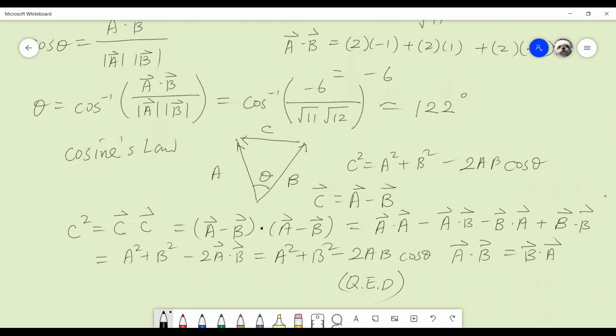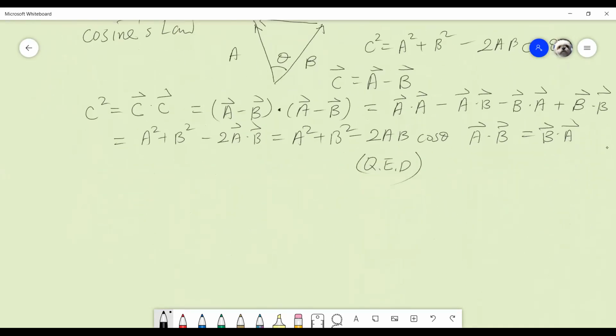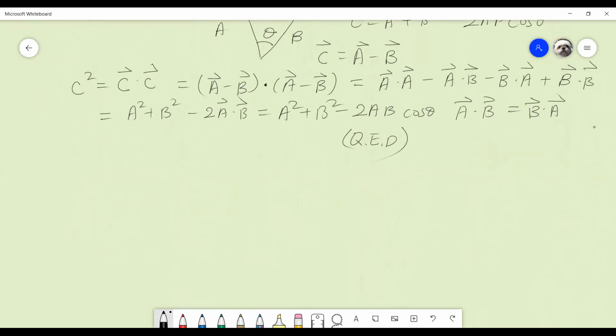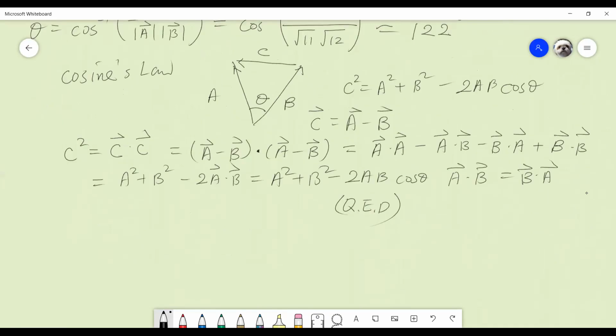Now that's the dot product, right? What's QED? I'm sorry. QED is Latin, it means proved. Oh, okay. You don't know Latin? No, I haven't. It means proof.